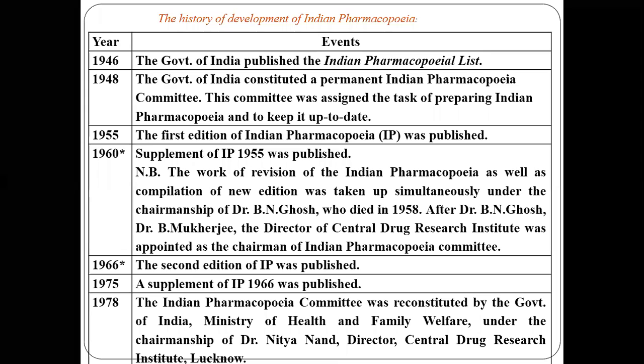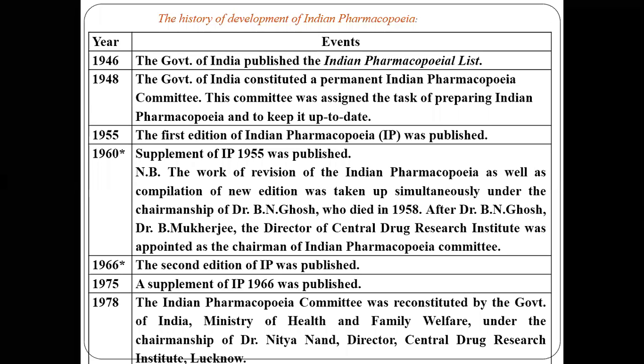See, this is the very short history of our Indian Pharmacopoeia. In 1946, the Government of India published the Indian Pharmacopoeia list only, a list of the drugs. Then in 1948, the Government of India constituted the permanent Indian Pharmacopoeia Committee, which was assigned to prepare the pharmacopoeia.